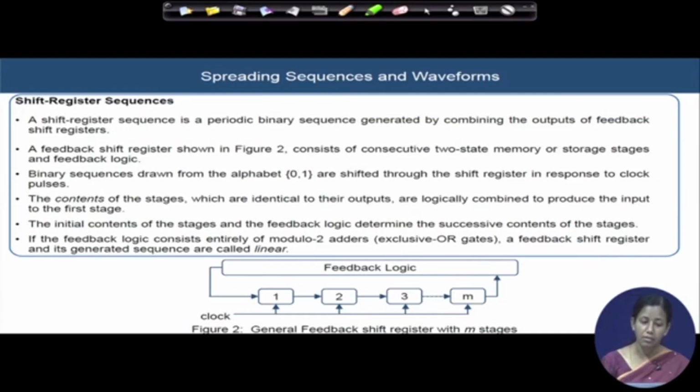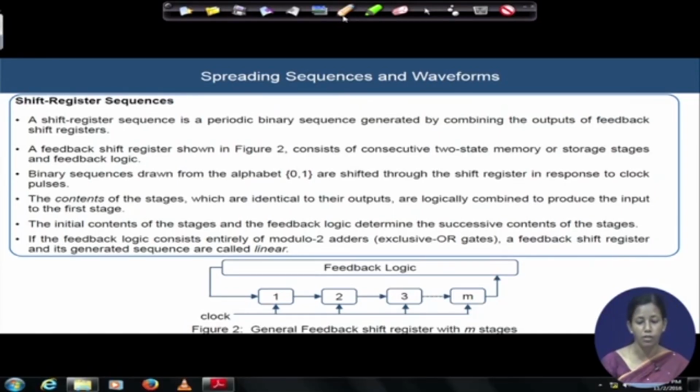Shift register sequences are basically binary sequences which we generate by combining the outputs of feedback shift registers. We are showing here one general feedback shift register, where if you see the structure, there will be m number of stages of memories, which are two-state memories. Basically, if you are following the Galois field logic, in Galois field 2 there will be two elements only, either the value will be 0 or it will be 1.